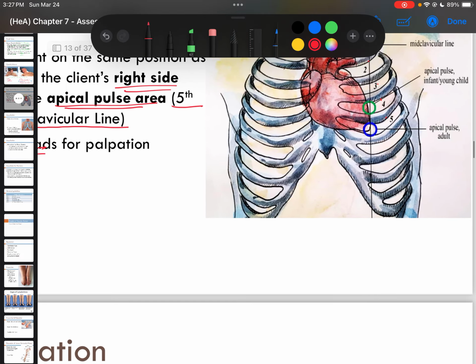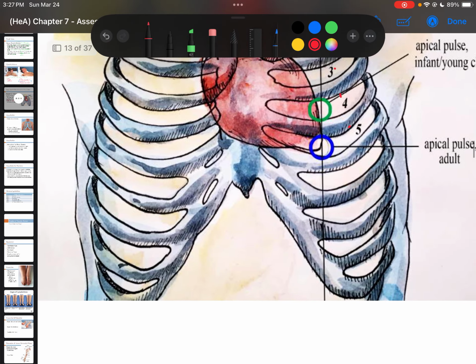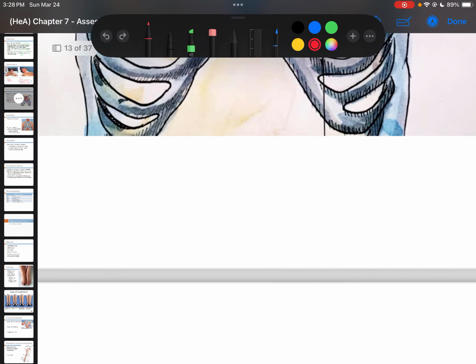Okay? So, normally, class, the apical pulse is what we call sometimes visible.